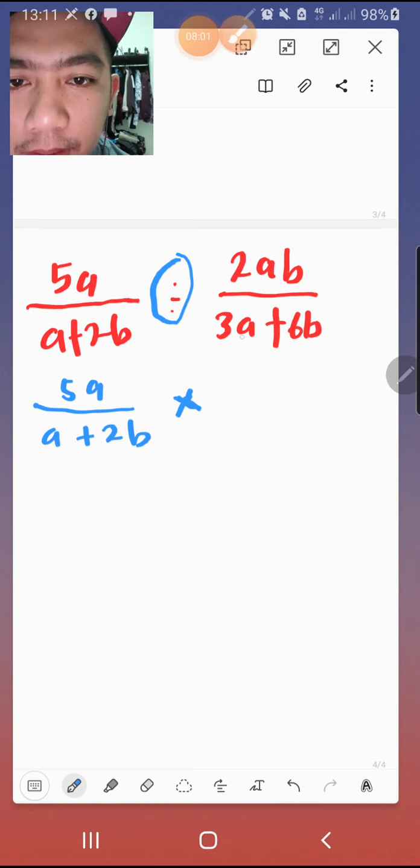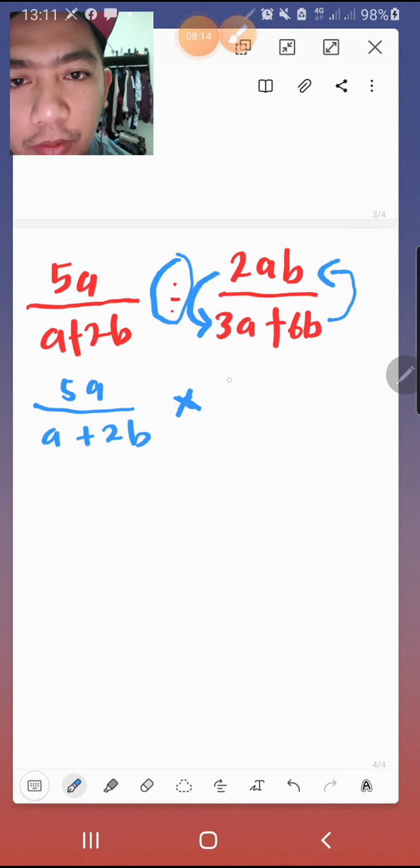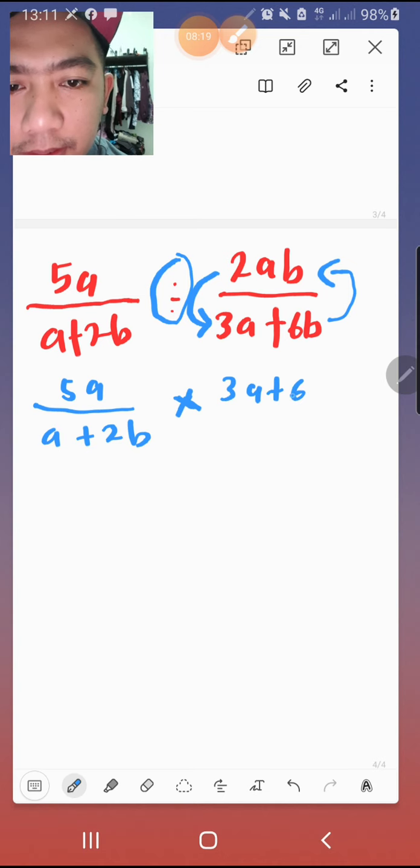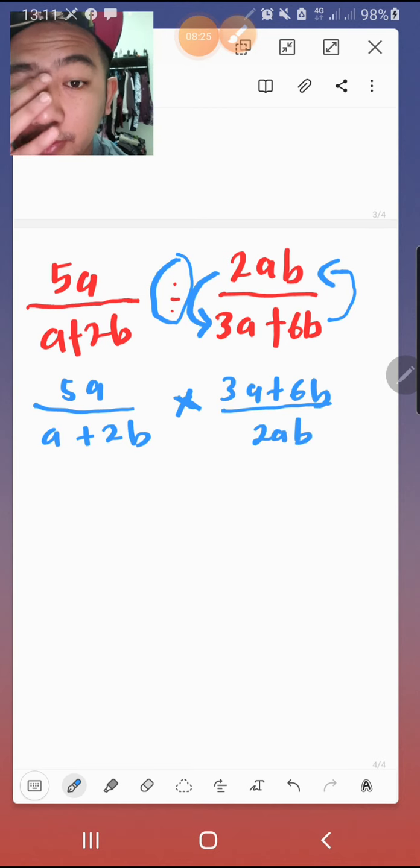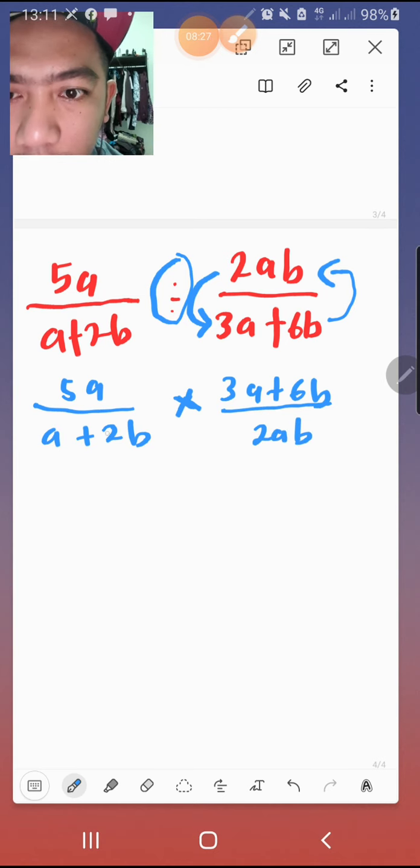For this one, when we change divide to multiply, the denominator goes up to become the numerator, and the numerator goes down to become the denominator. So 3a plus 6b over 2ab.